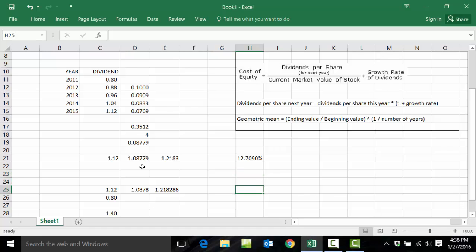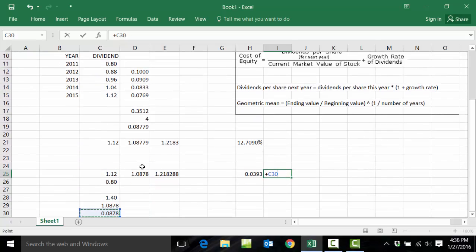Go up here again to the formula to figure out the cost of equity. We know the estimated dividend for next year is 1.218288. Divide that by the current market price of the stock, which we're telling you is $31. And then we're going to add to that the growth rate for the dividends, which we just calculated to be 0.0878.